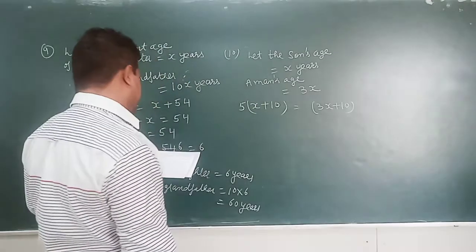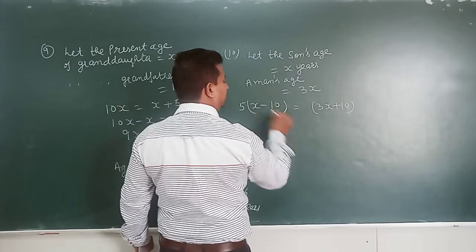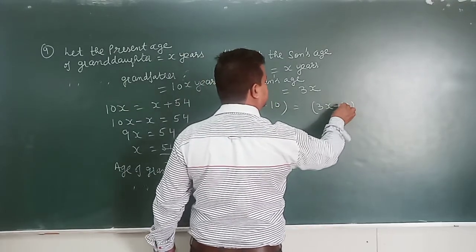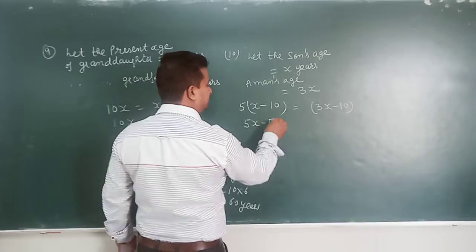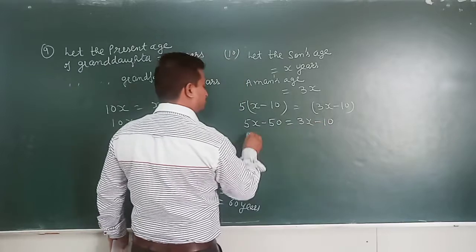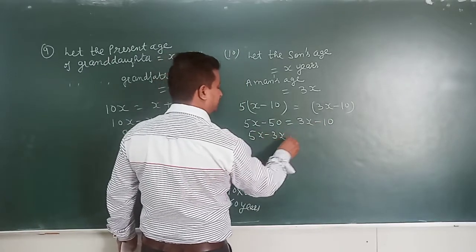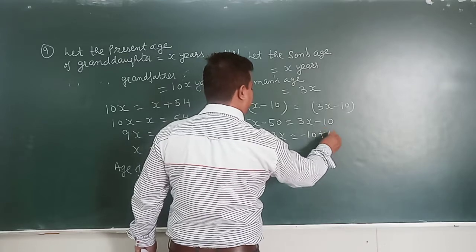Here the age is 10 years ago. If there is ago, then this is minus, this means 10 years before. This is 5x minus 50, this is 3x minus 10. So 5x minus 3x equals minus 10 plus 50.